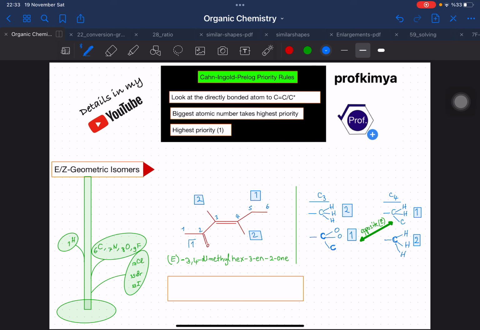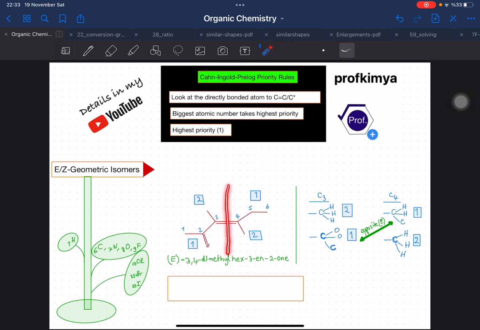Acetyl group has a highest priority. As you can see, highest priority groups are opposite to each other. This group and this group opposite to each other.